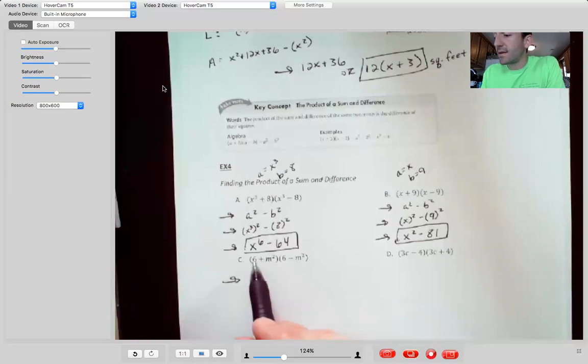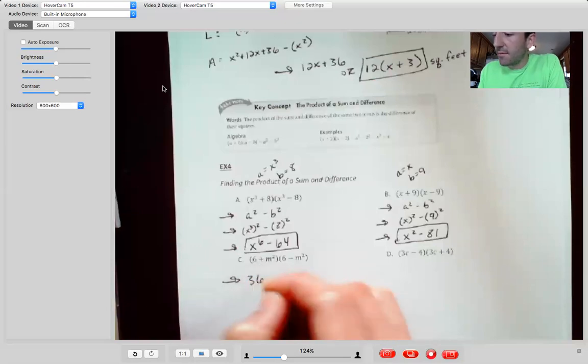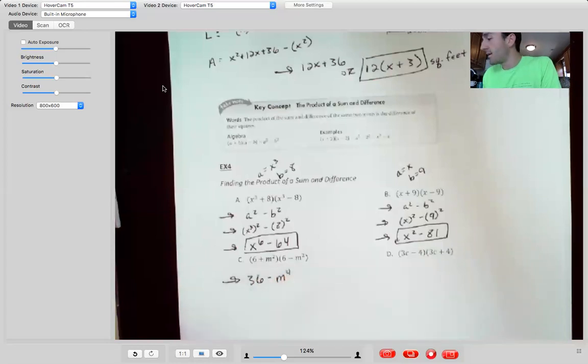So a squared here would be 6 squared, 36, minus b squared, so m squared squared is m to the 4th. And usually we write that m to the 4th term first, but here it's important that you follow the order, because notice both 6's are positive, one of the m's is negative though, so that's why it's got to go after the minus sign.